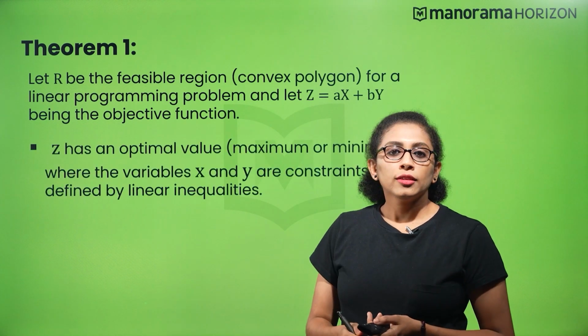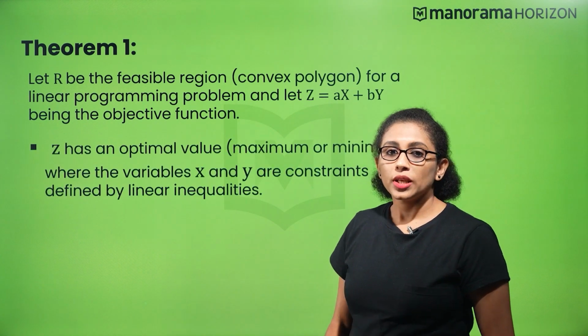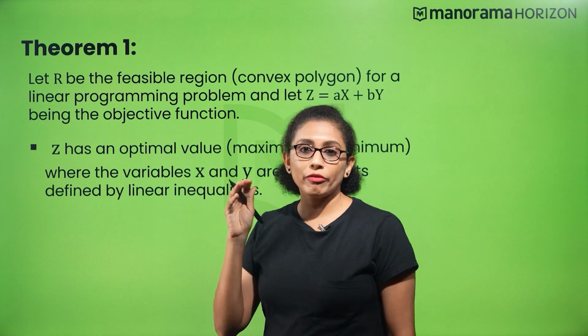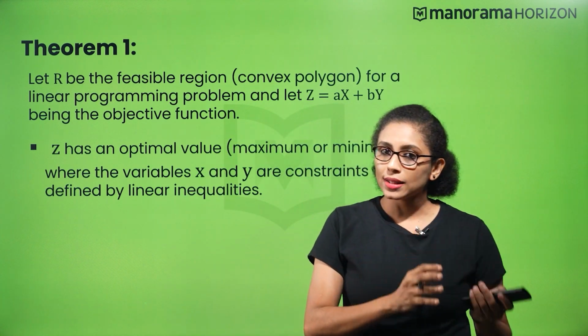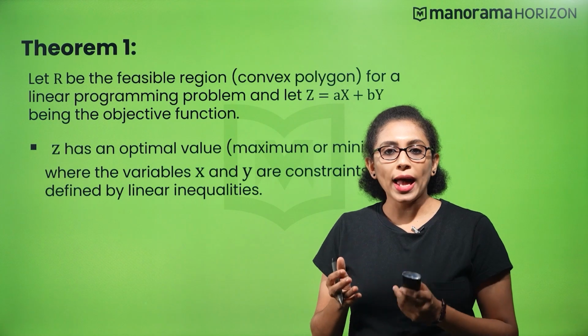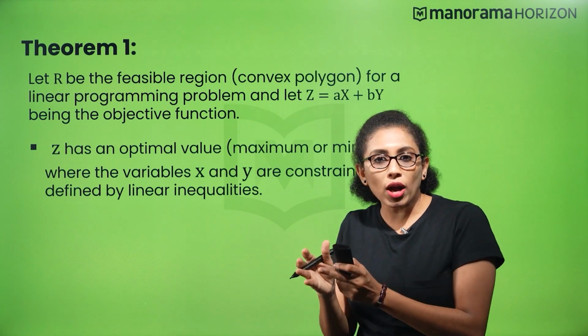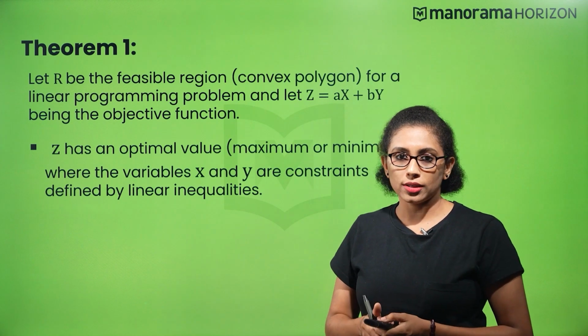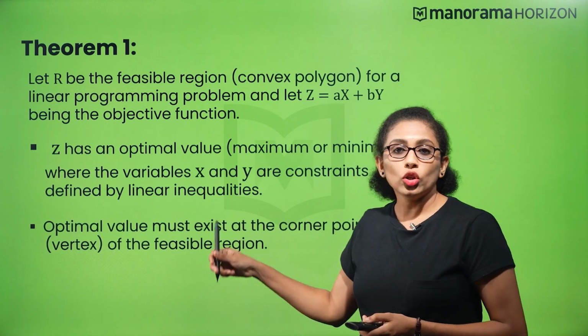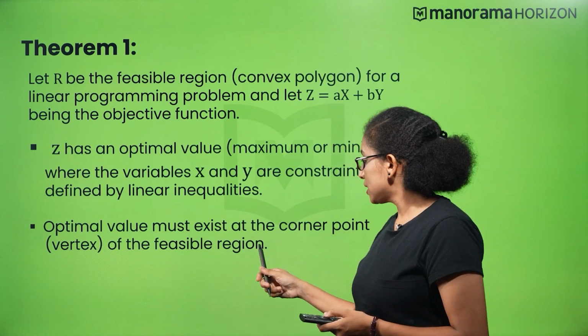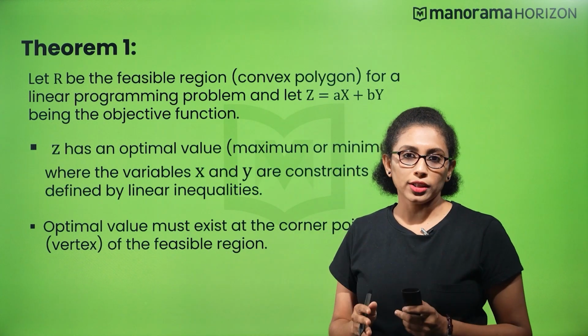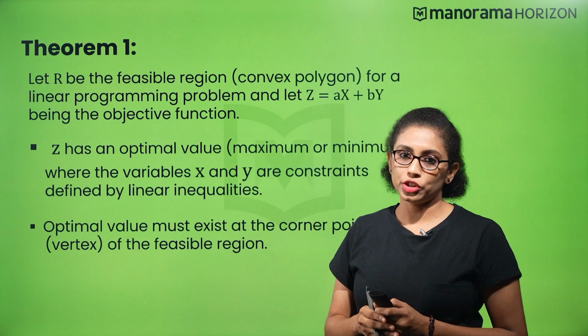Then Z has an optimal value, either a maximum or a minimum, where the variables x and y are subject to the constraints defined by the linear inequalities. Also, the optimal value must exist at a corner point of the feasible region.